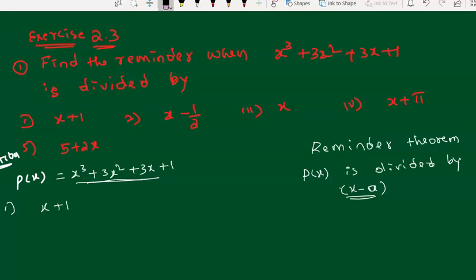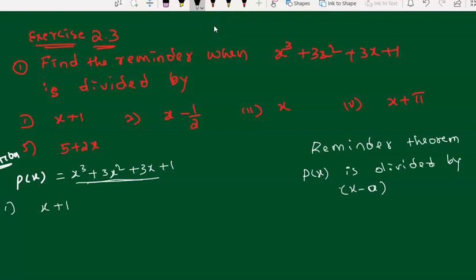Here also it is a 1 degree polynomial. If it divides by this kind of polynomial, then what is the remainder we are going to get?